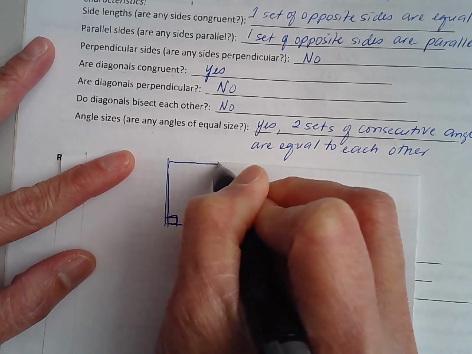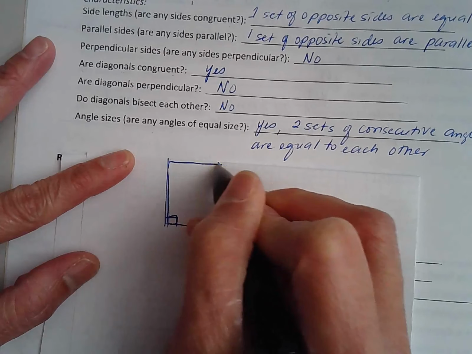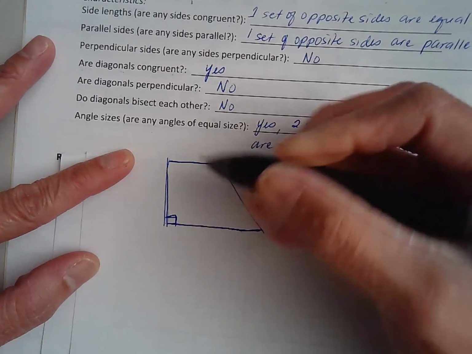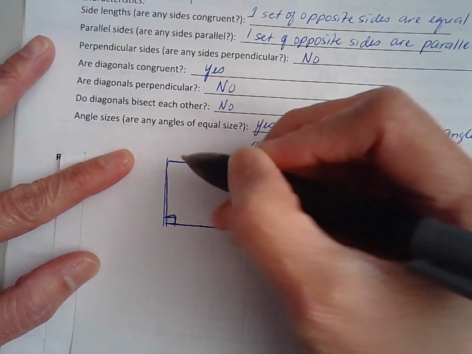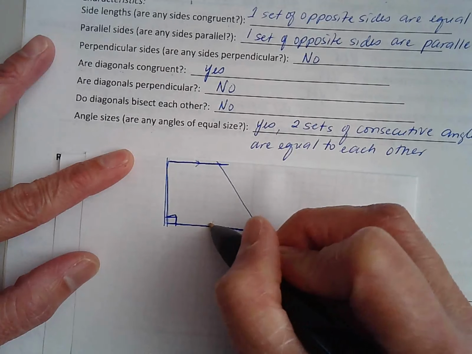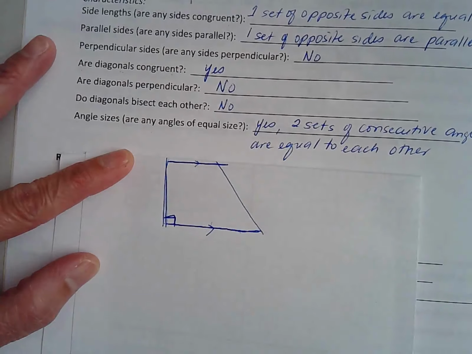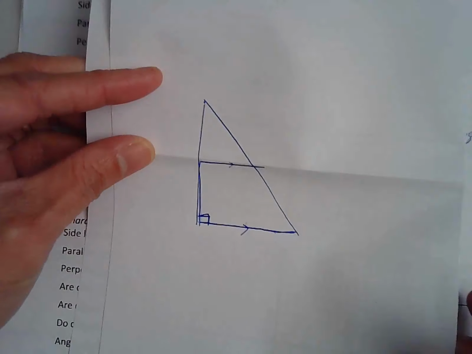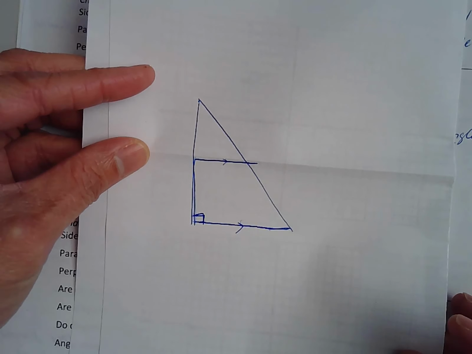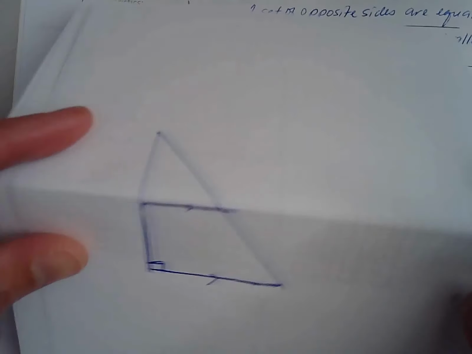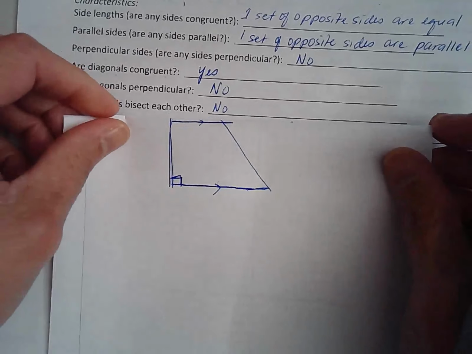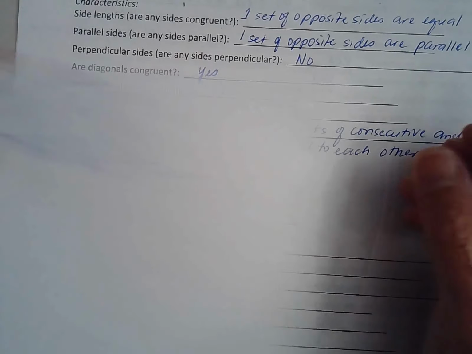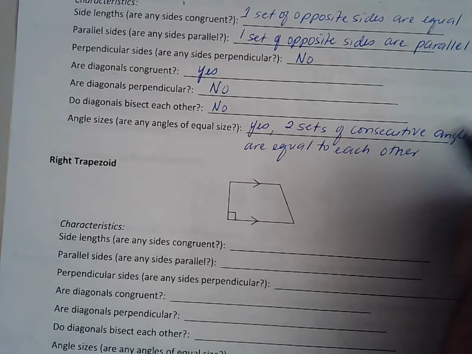And then I'm cutting it horizontally so that the top and bottom sides are parallel to each other. So starting off with the right triangle, if I cut it and fold it in, right trapezoid.